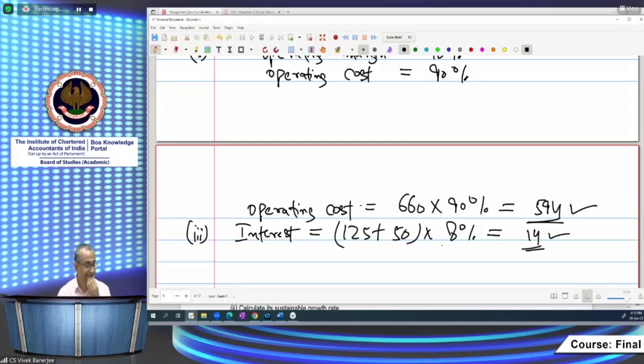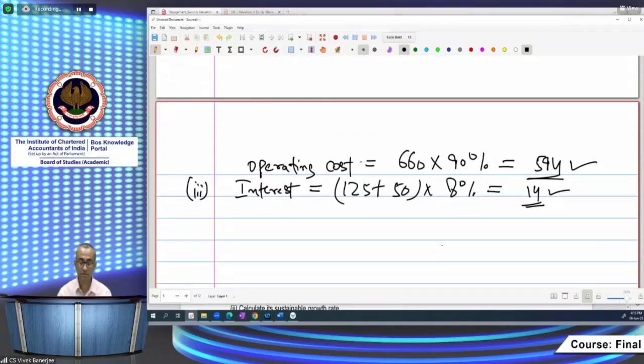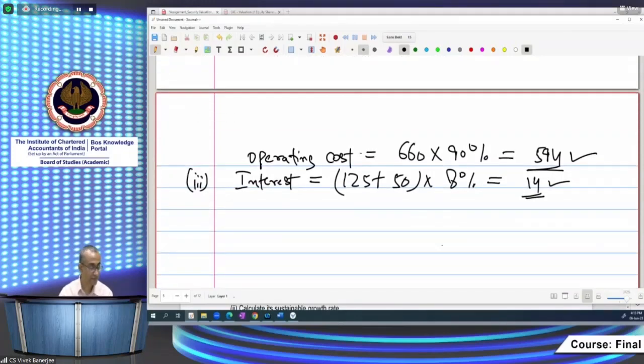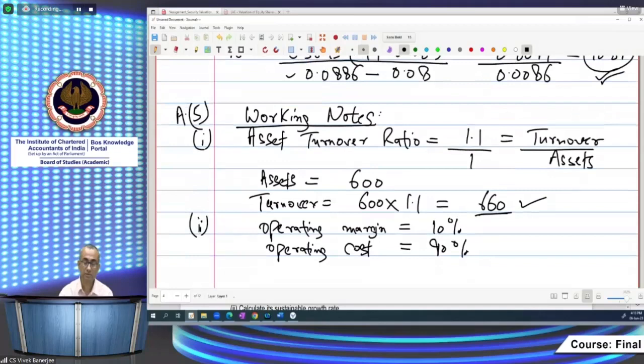Right now, any other things? I think any other things will be taken care of while preparing the income statement. So let us now get to the preparation of the income statement.